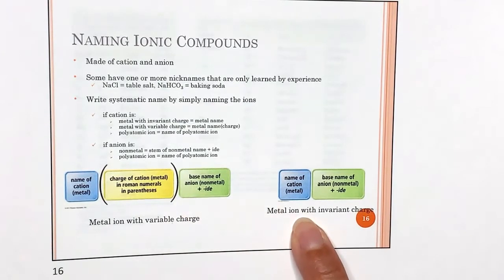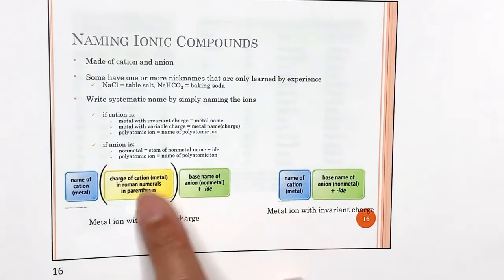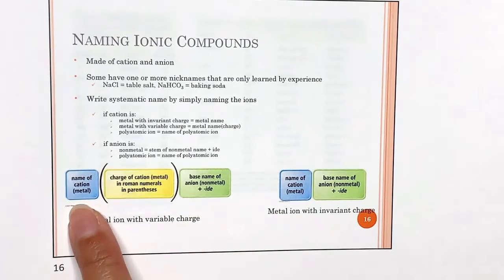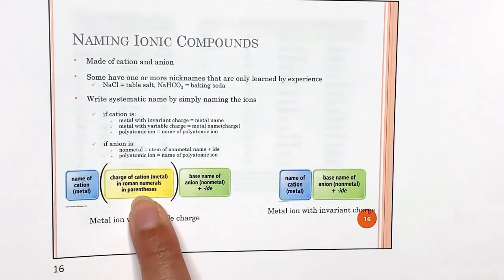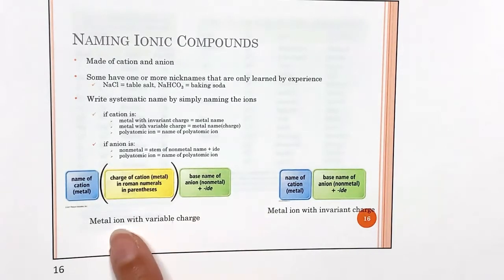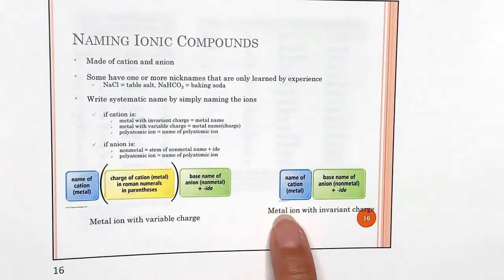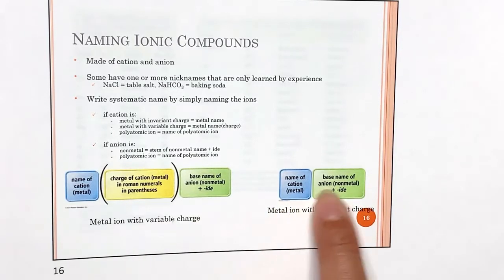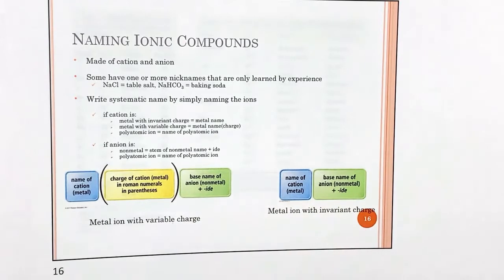Now, if the metal ion does not change charges, we don't need to write the Roman numeral. That's the only difference, okay? So cation, Roman numeral, anion with the IDE if you have variable charges. If you don't have variable charges, go straight for the cation metal name and a non-metal IDE ion name.